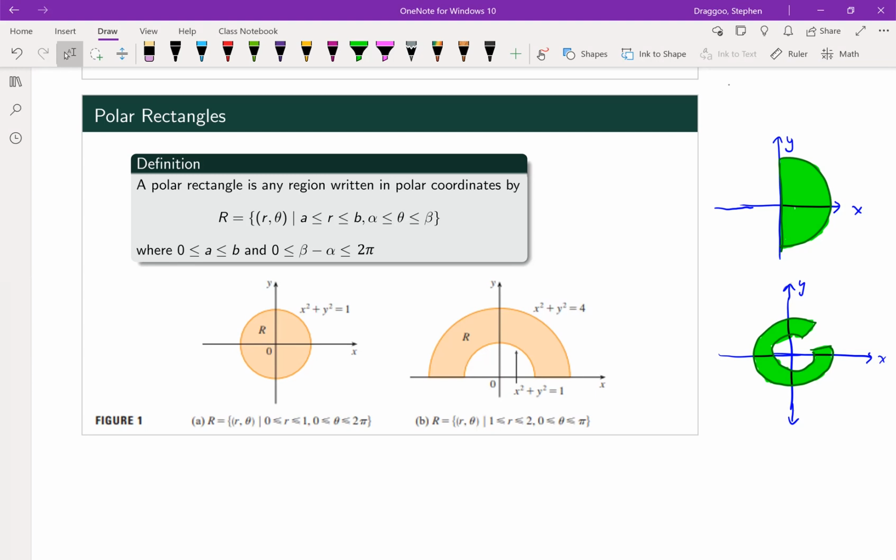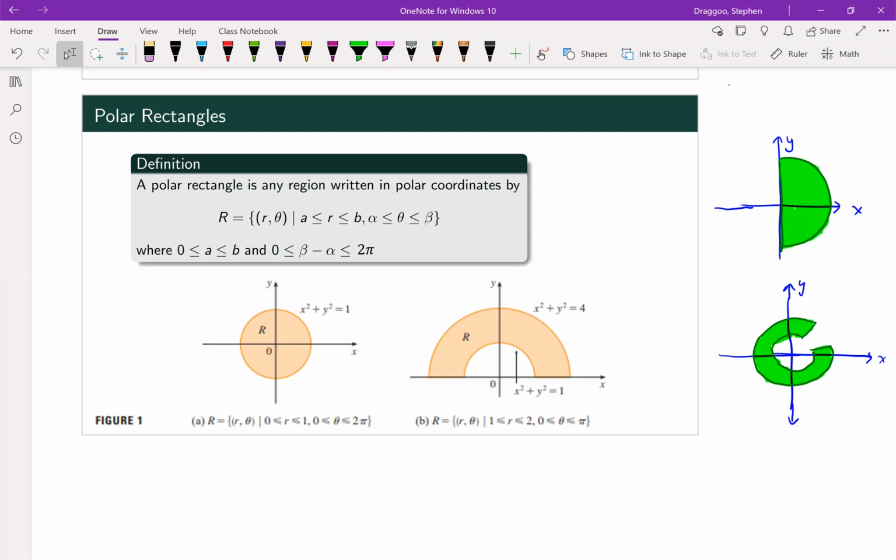We'll just want to be either a full circle or less than a full circle. We also don't want to go below 0, so we'll make sure that beta is always the larger of our two angles.